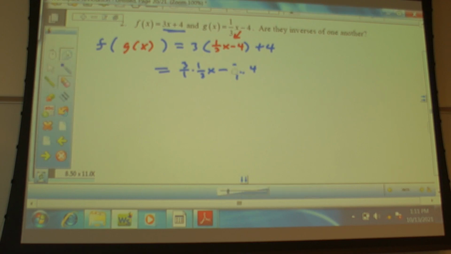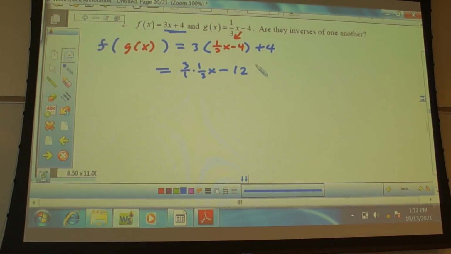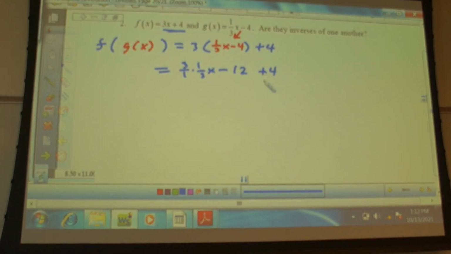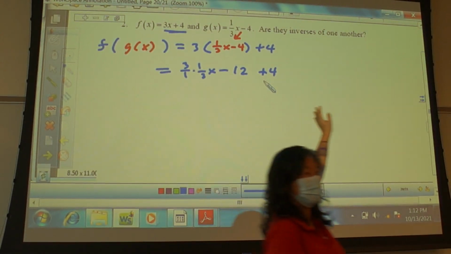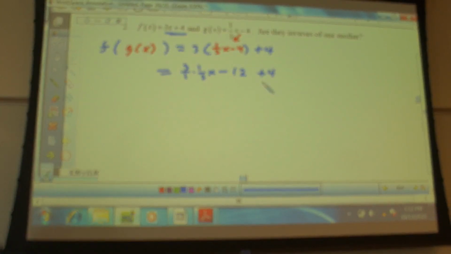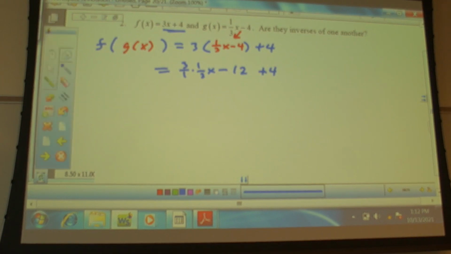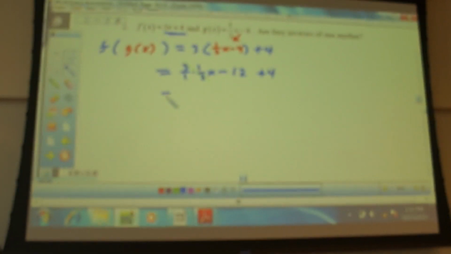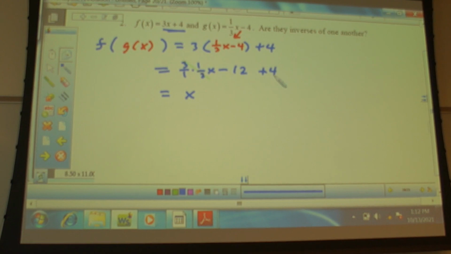We're going to do the parentheses. 3 times -4 is -12, and then plus 4. Is this what people have gotten? Yes, no? Yeah. So then these guys will cancel out. We're left with x minus 12 plus 4. Combine like terms. What do you get? Minus 8. Yeah, minus 8.